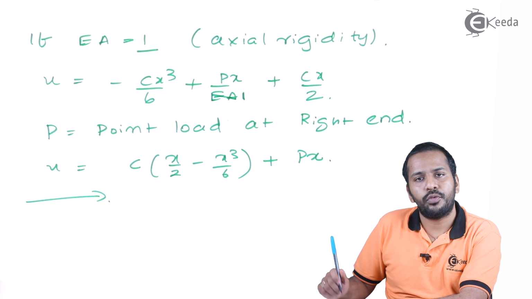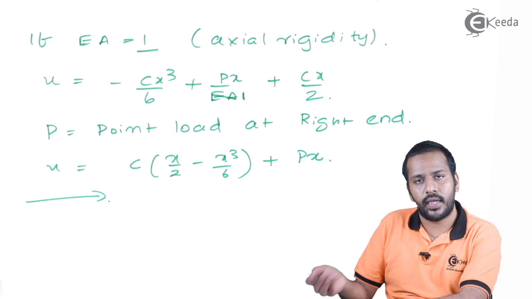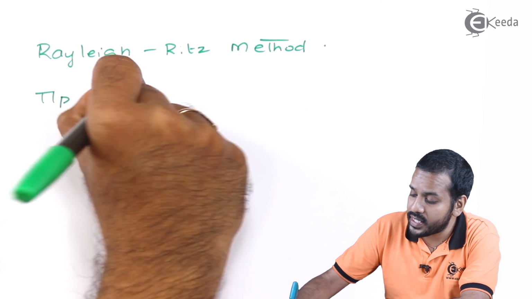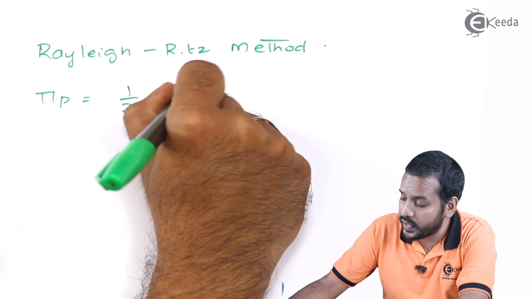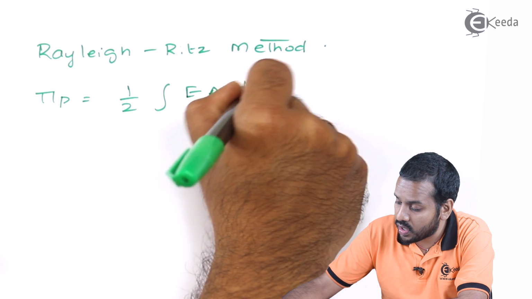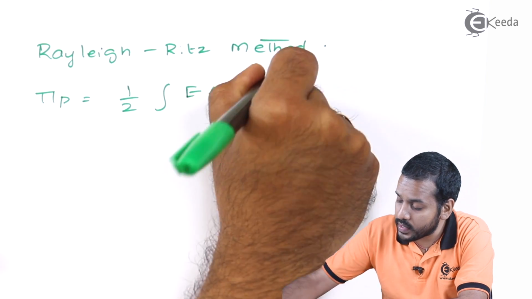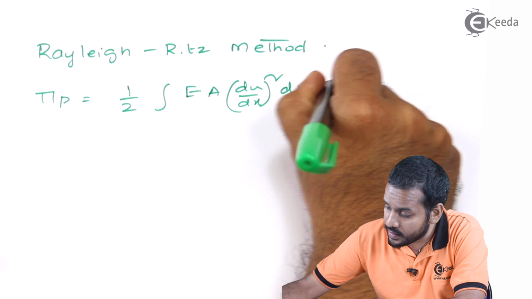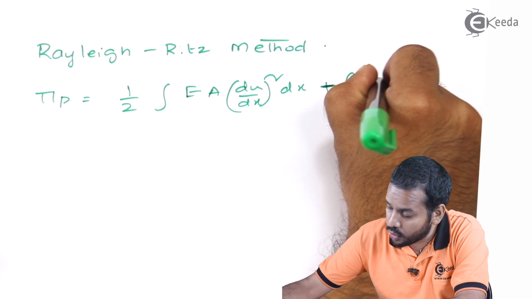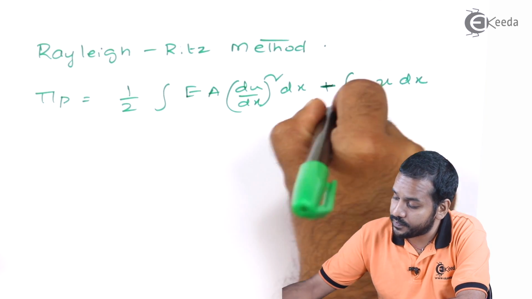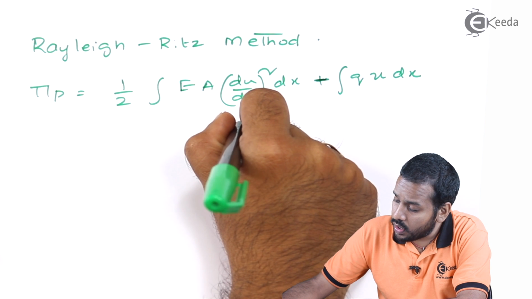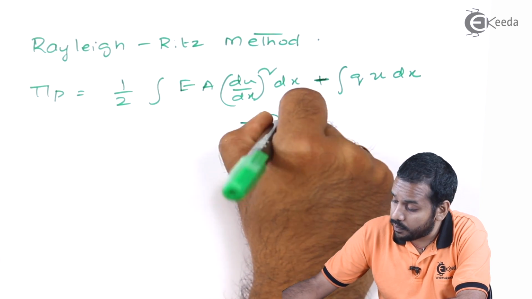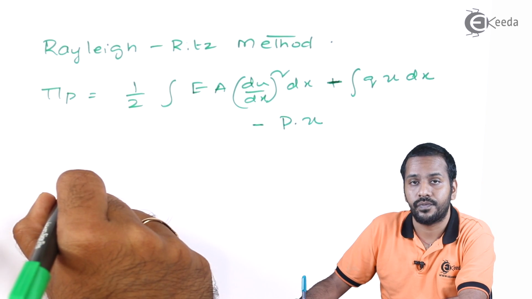Now let us solve the same problem using Rayleigh-Ritz method. So what is the potential here? So pi p is written as half integral EA du by dx whole square into dx minus integral qu dx minus, you are having a point load also, p multiplied by u.